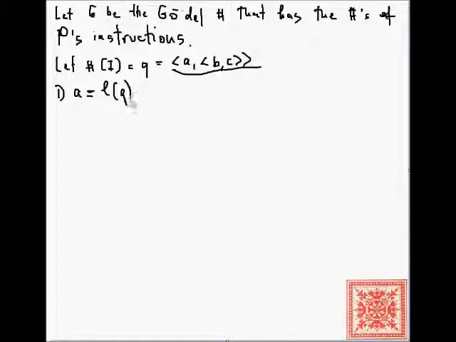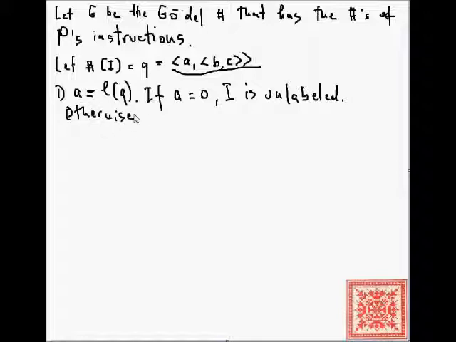So A is the left component of Q, so it's L of Q. And if A is 0, then the instruction I is unlabeled. And if A is not 0, then A essentially encodes the number of the label to the left of that instruction.